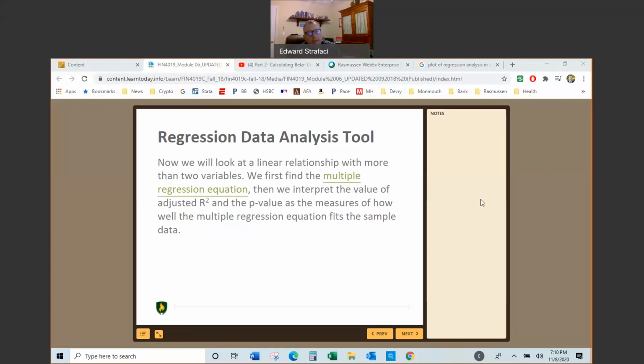If I exercise more and I eat fewer calories, my weight should go down. If I exercise less and eat more calories, my weight should go up. So that should be the relationship between the three variables. But I'm not sure if it's calories or exercise that's actually doing the explaining.